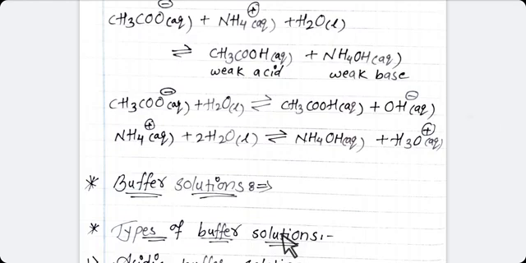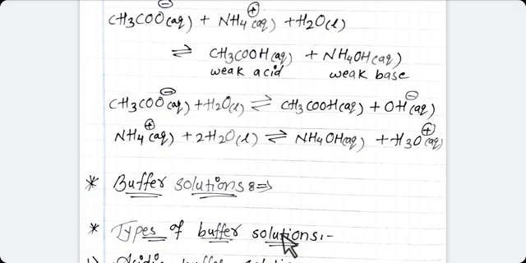types of buffer solution. So students, there are two types of buffer solution. Acidic buffer is used to maintain an acidic pH, while basic buffer maintains alkaline pH.